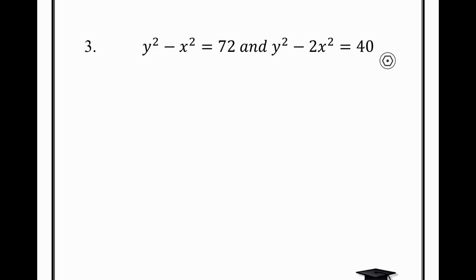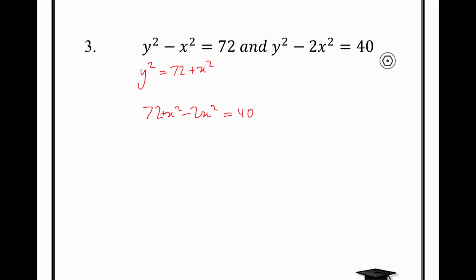let's just make y squared the subject from the first equation to get y squared is equal to 72 plus x squared. Now substituting this into the second equation, we will get 72 plus x squared minus 2x squared is equal to 40.